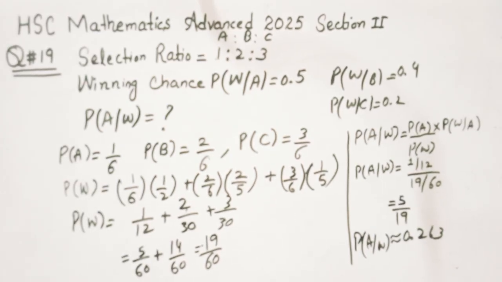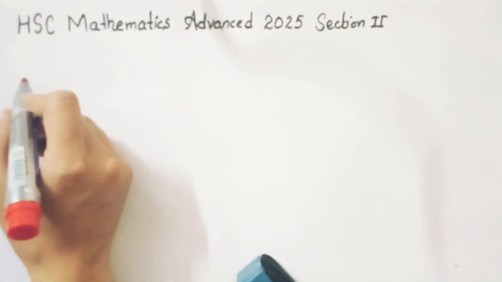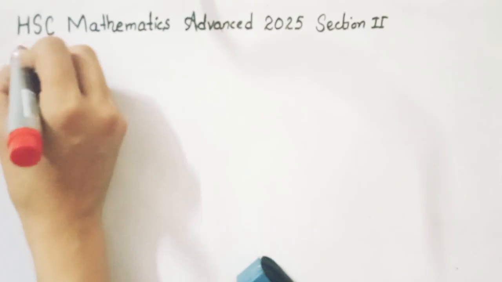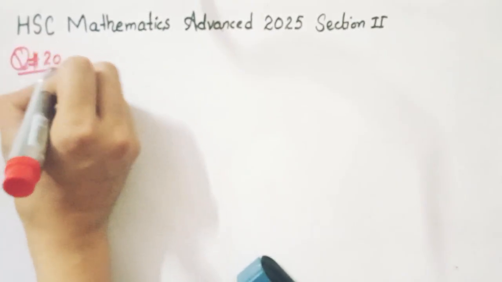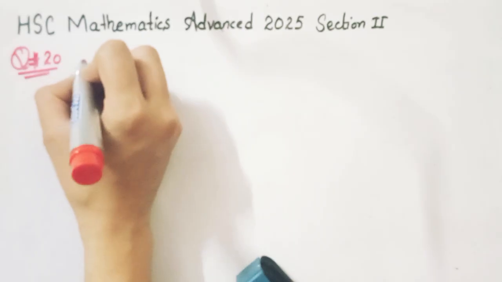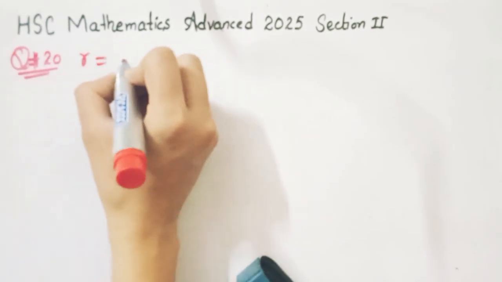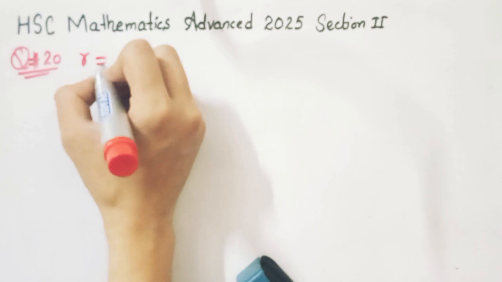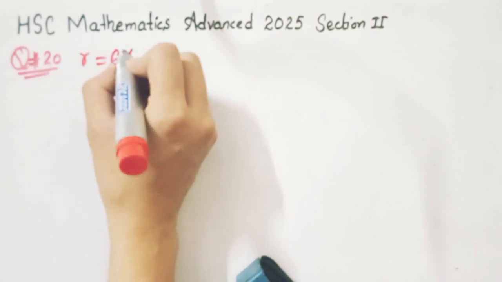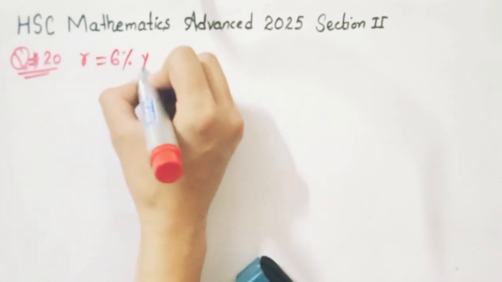Now we will solve the next question, question number 20, in which the interest rate is given by small r as 6% yearly.